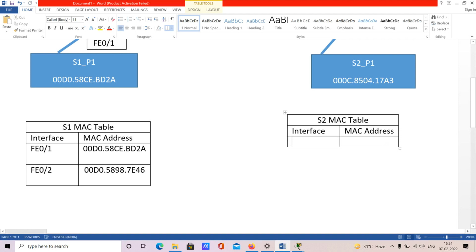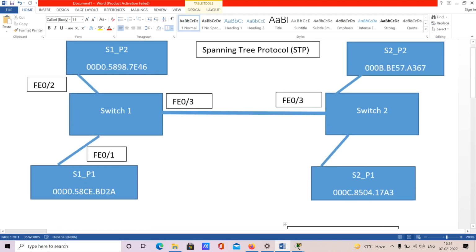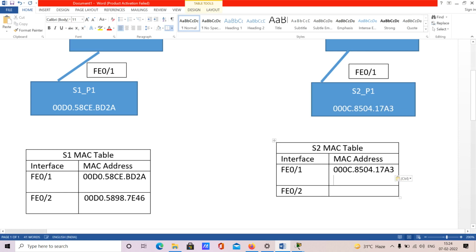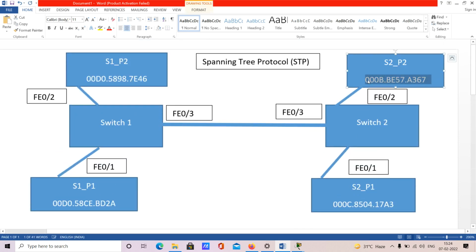Let us quickly add for S2 as well. S2 में भी हम इसी तरीके से ऐड करते हैं. ओके, सो दिस वन एंड a copy of it and this, FastEthernet 0/1 and FastEthernet 0/2. उस तरीके के अपने अपने मैक एड्रेस ऐड होते हैं.